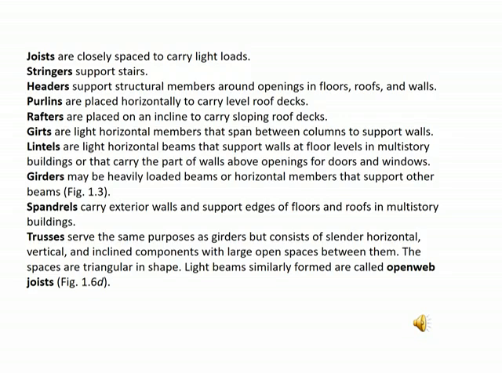Trusses serve the same purpose as the girders, but consist of slender horizontal, vertical and inclined components with large open spaces between them. The faces are triangular in shape, and this is what we call the truss.